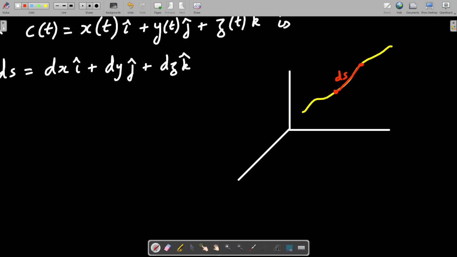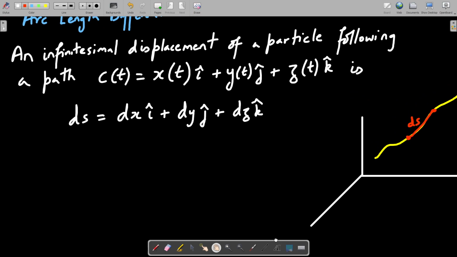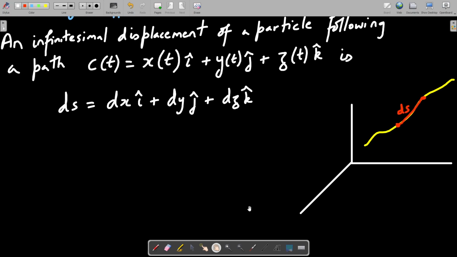I want to measure the length of this ds segment now. So I want to measure this length, ds, the length of the curve over here.